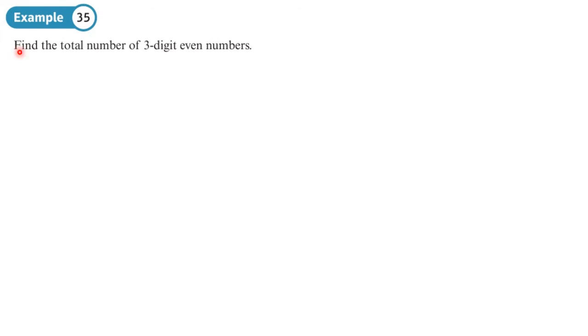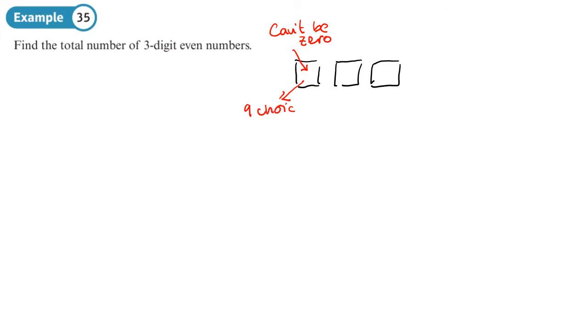Right, so here we want to find the total number of 3-digit even numbers. Okay, a little diagram here might help. So here's my 3-digit even number. Now if it's a 3-digit even number, this first digit can't be 0. So that leaves basically 1 to 9. So that leaves me 9 choices for the first digit.